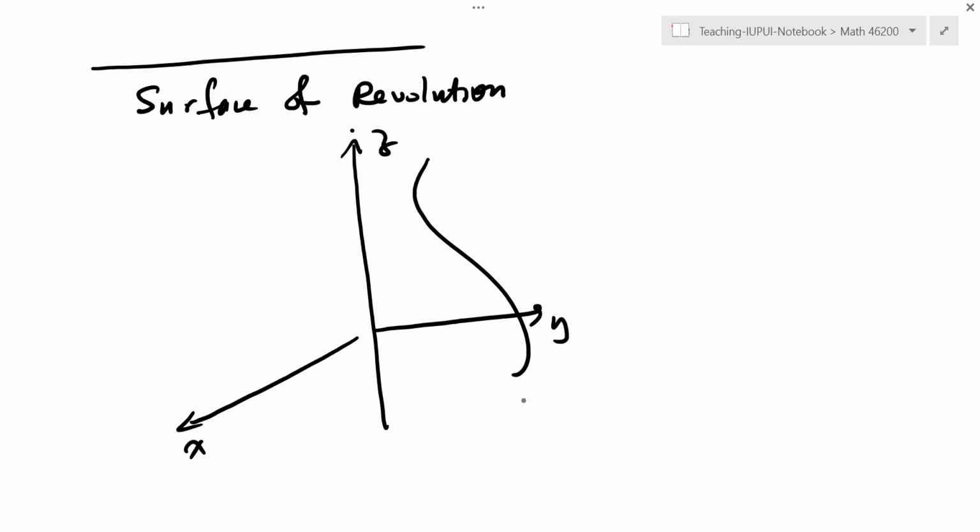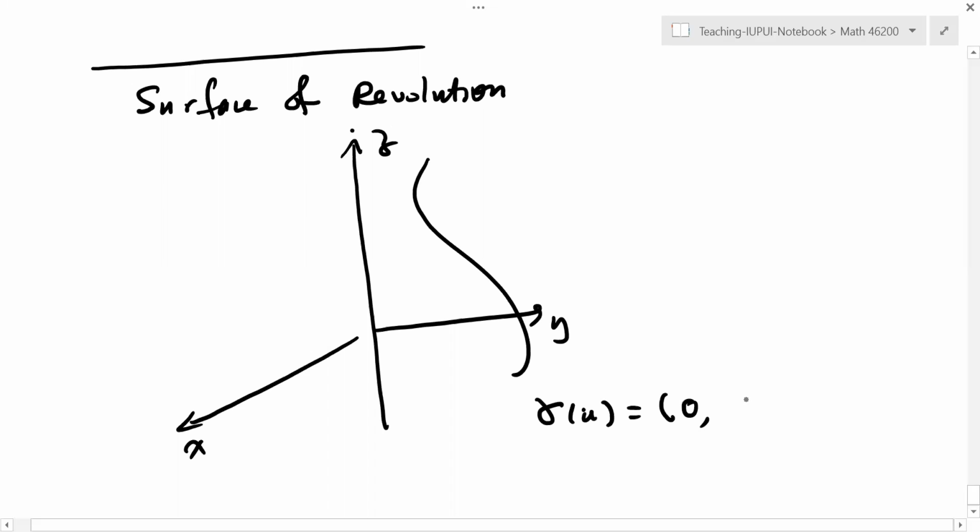How can I describe it? This is a gamma. I'm going to use gamma u. Gamma u is going to be the first component 0, and then I can use F u and G u.